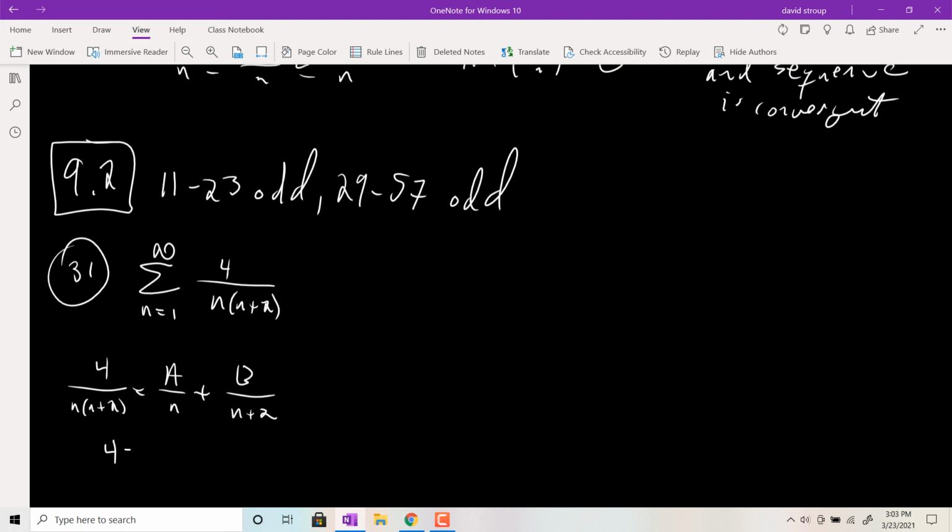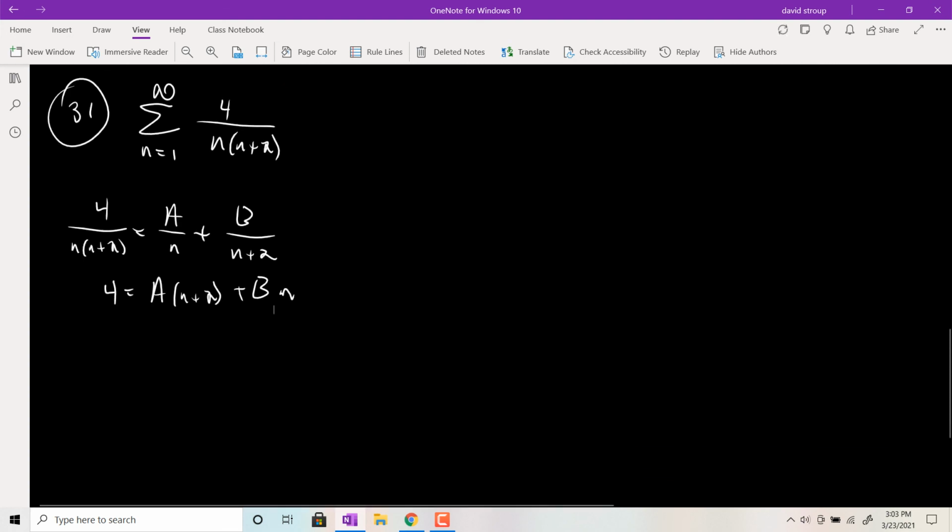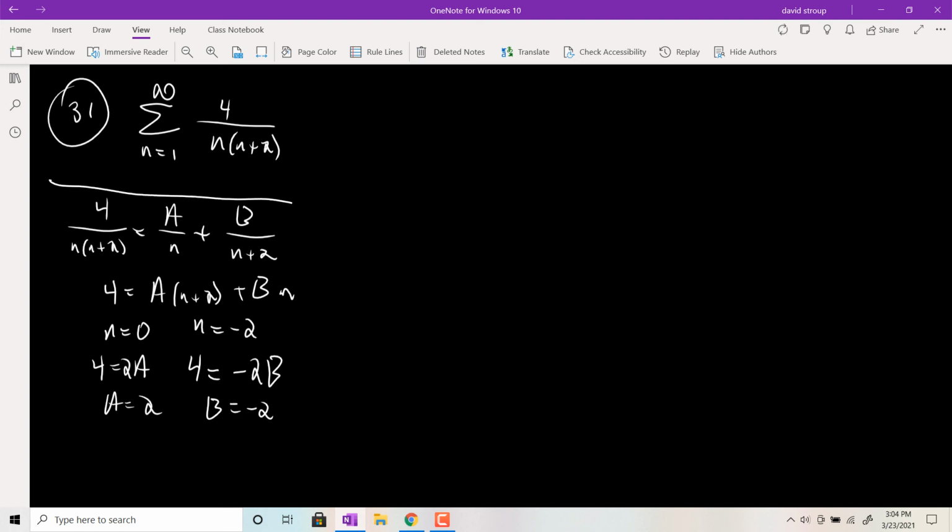We end up with 4 equals a times n plus 2 plus b times n. And then do your substitution, so let n equal 0. So you get 4 equals 2a, and then a equals 2. And then plug in n equals negative 2, and you'll get 4 equals 0 minus 2b. So b is negative 2.